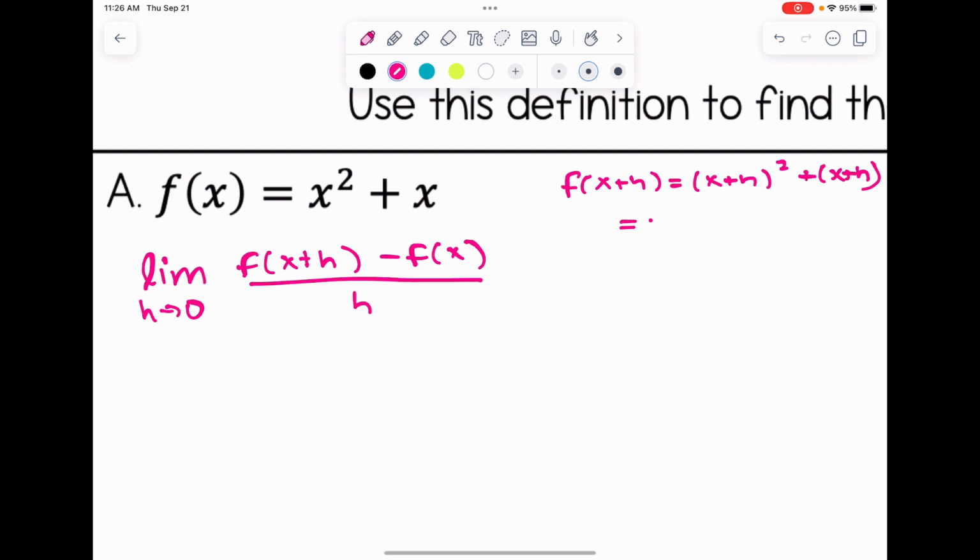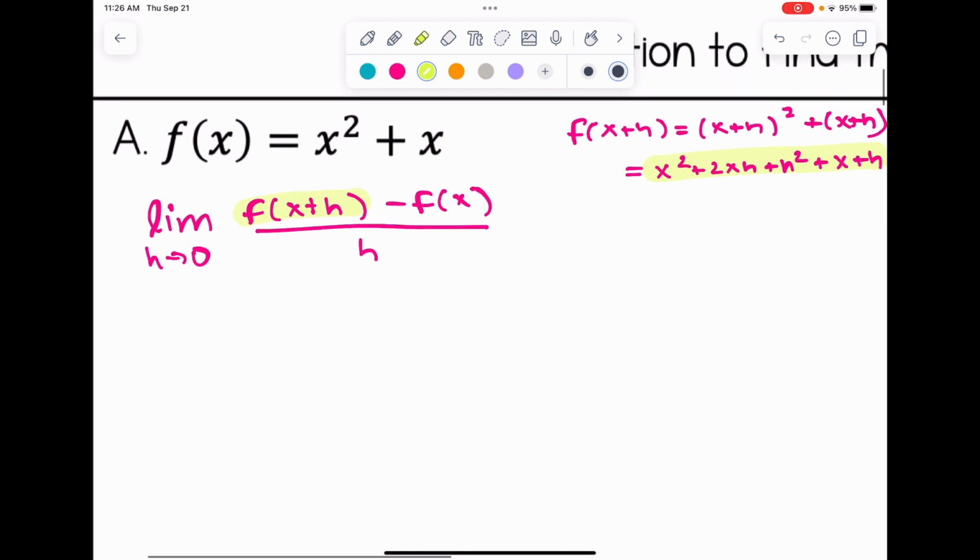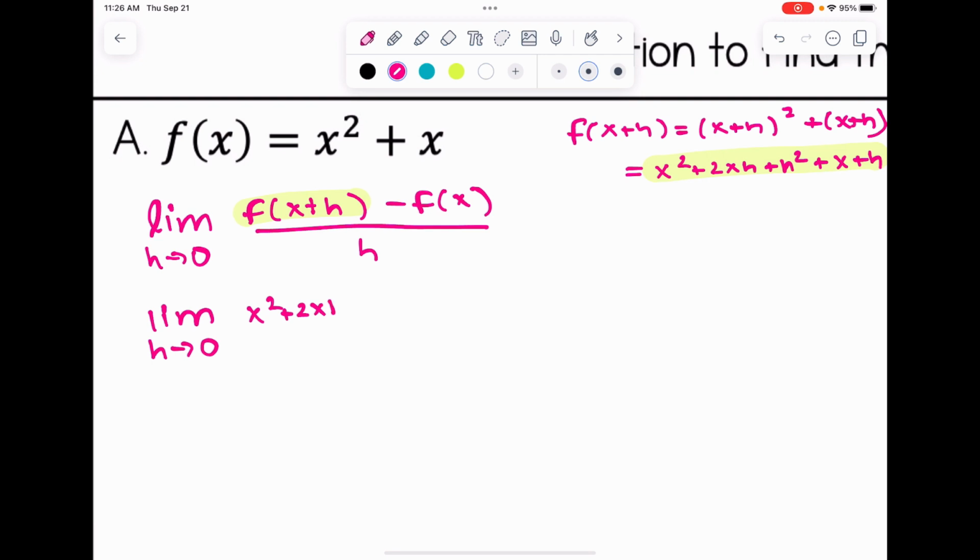And I can simplify that to x squared plus 2xh plus h squared plus x plus h. So I'm going to take all of this and substitute it in here. All right, so let's start putting this together. So the limit as h approaches 0, x squared plus 2xh plus h squared plus x plus h.